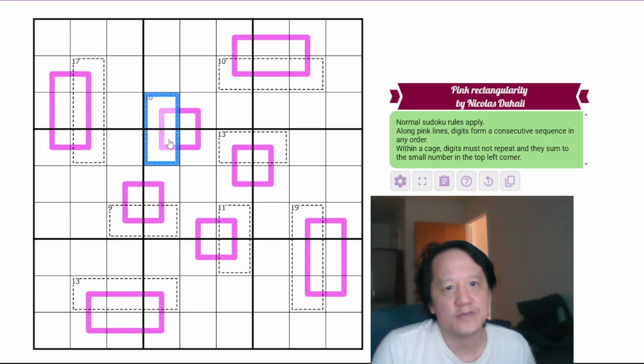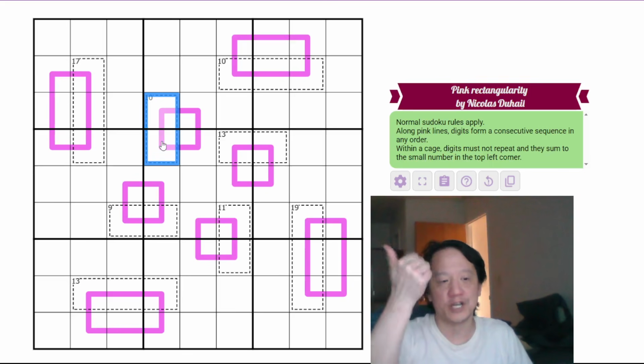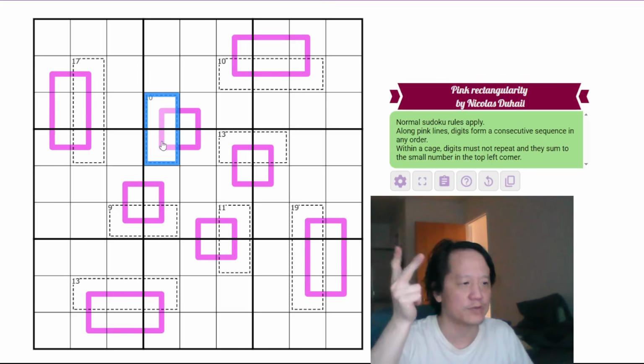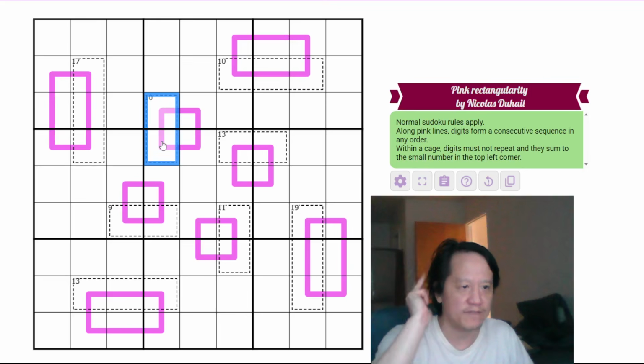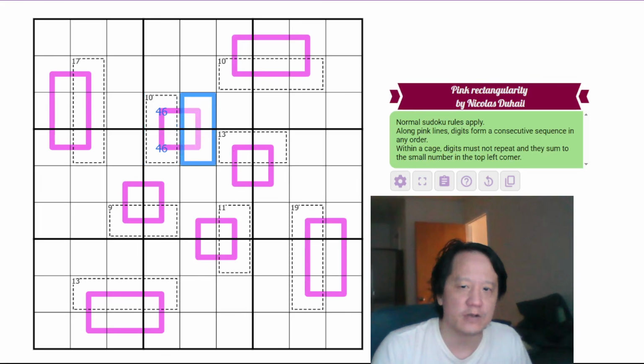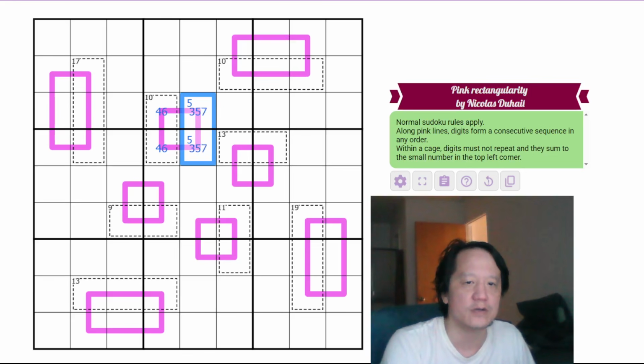So these cannot have a difference of more than 3. Well, 1 and 9 have a difference of 8. 2 and 8 have a difference of 6, and 3 and 7 have a difference of 4. So none of those can work. So this must be a 4-6 pair here, which means we are guaranteed a 5 here to be consecutive, and it must be either with 3 or 7.